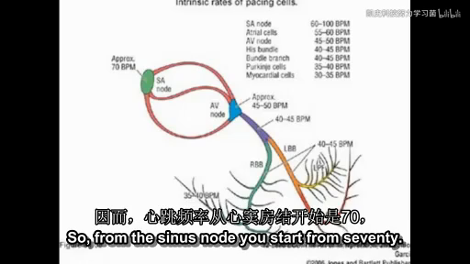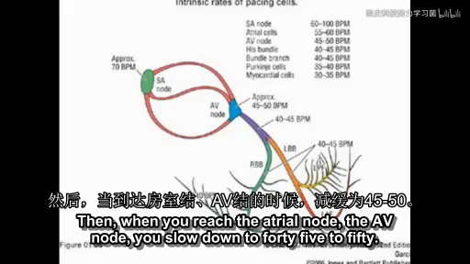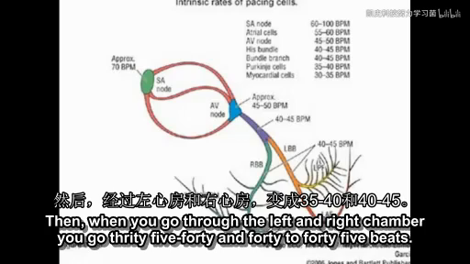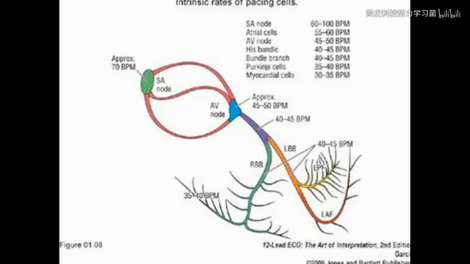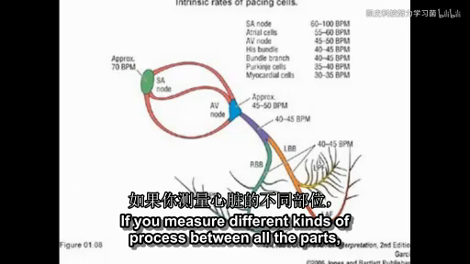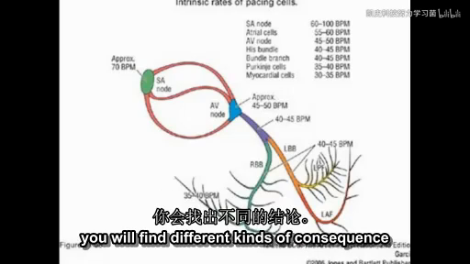So from the sinus node you start from 70, then when you reach the atrial chamber node, the AV node, you slow down to 45, 50, then going through the left and right chambers, you finish at 35, 40 and then 40, 45 beats. If you measure the different percentages between all the parts, you will find some kind of consequence.